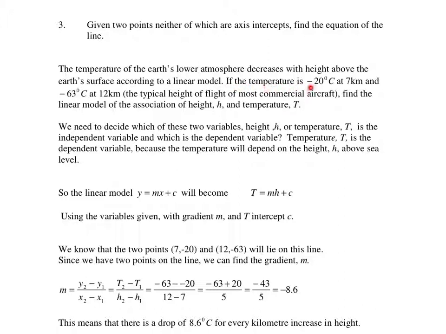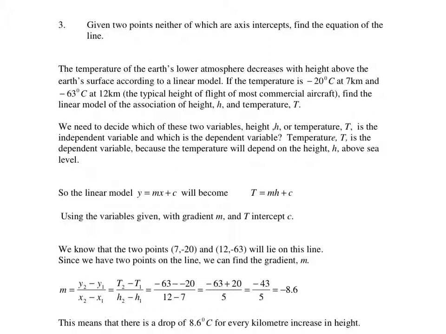If the temperature is negative 20 degrees centigrade at 7 kilometres and negative 63 at 12 kilometres, this is the typical height of flight of most commercial aircraft, find the linear model of the association of height and temperature.